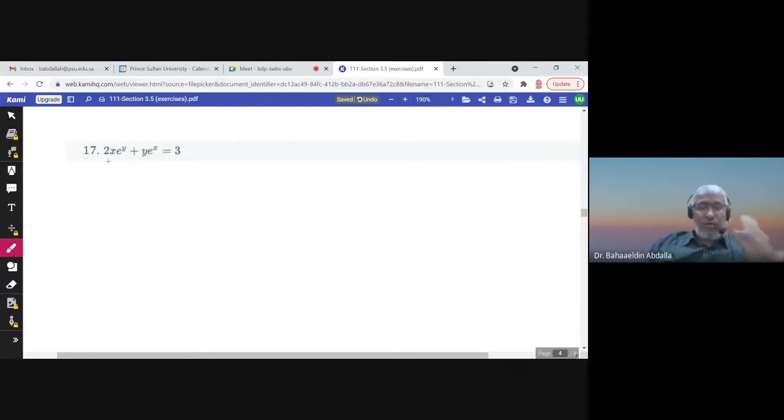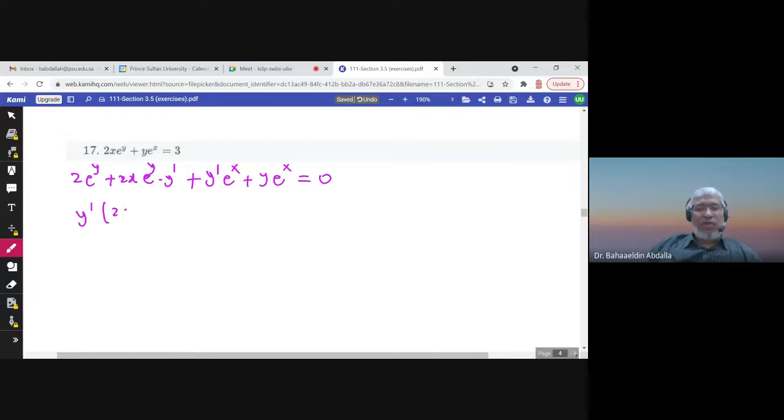Product function. Derivative of 2x is 2. Derivative of e to the y is e to the y times y prime. Another product. Derivative of y is y prime. Derivative of e to the x is e to the x. Derivative of 3 is 0. I take y prime as a common factor. I have 2x e to the power y plus e to the x, and I take these two terms to the other side.